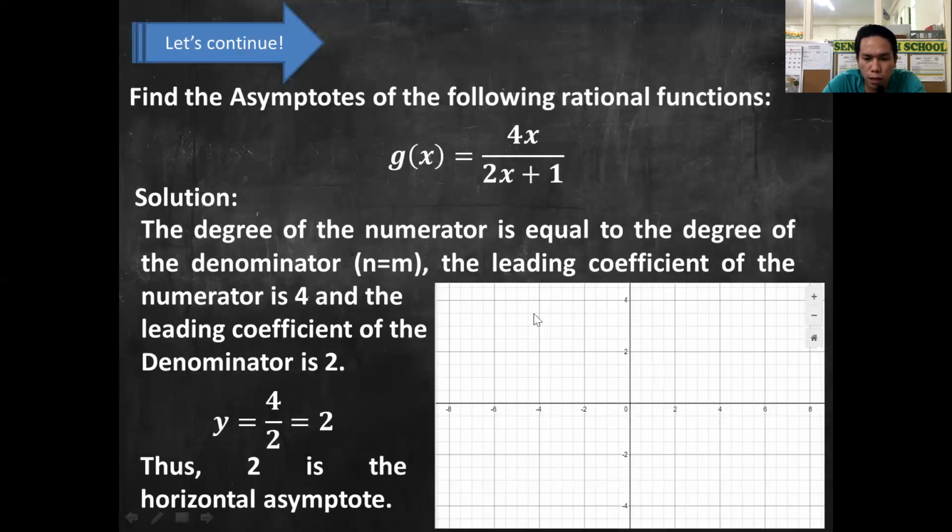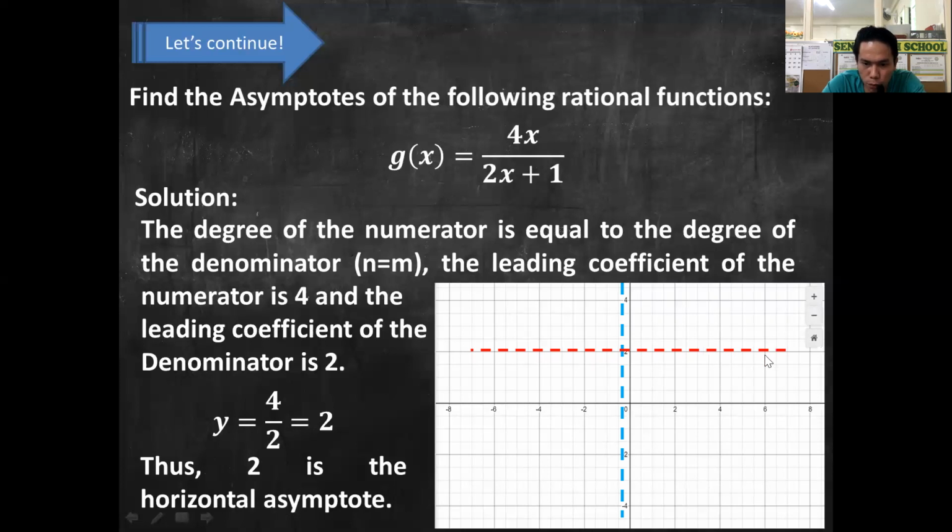So, nag-graph natin, kanina is negative 1 half. Usually, dito yung 1, dito yung negative 1 half. And then, our horizontal asymptote is 2. Ito na yung horizontal asymptote natin. So, kapag nag-graph tayo, either yung graph mo is dito, pwede rin dito, pwede rin dito.